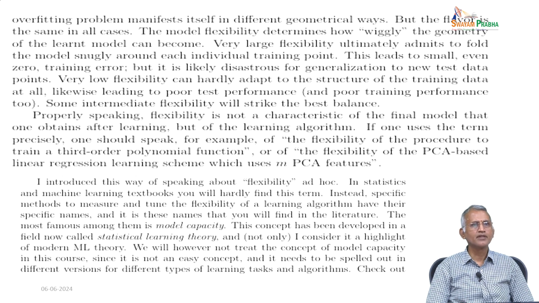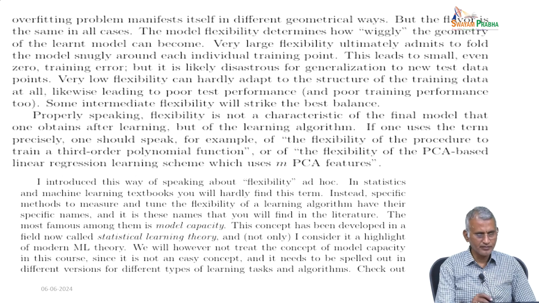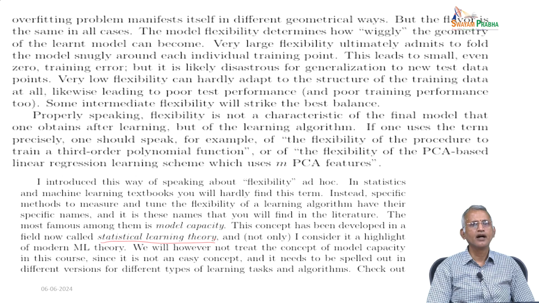The most famous among them is model capacity. This concept has been developed in a field now called statistical learning theory, and I consider it a highlight of modern ML theory. We will however not treat the concept of model capacity in this course, since it is not an easy concept and it needs to be spelled out in different versions for different types of learning tasks and algorithms.